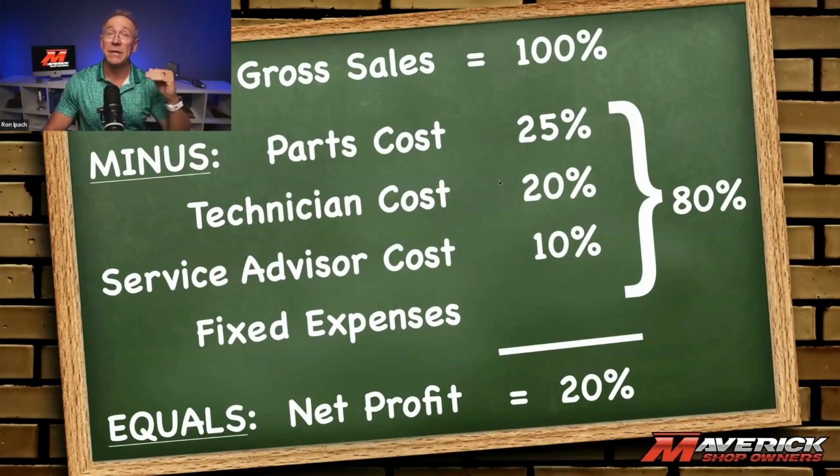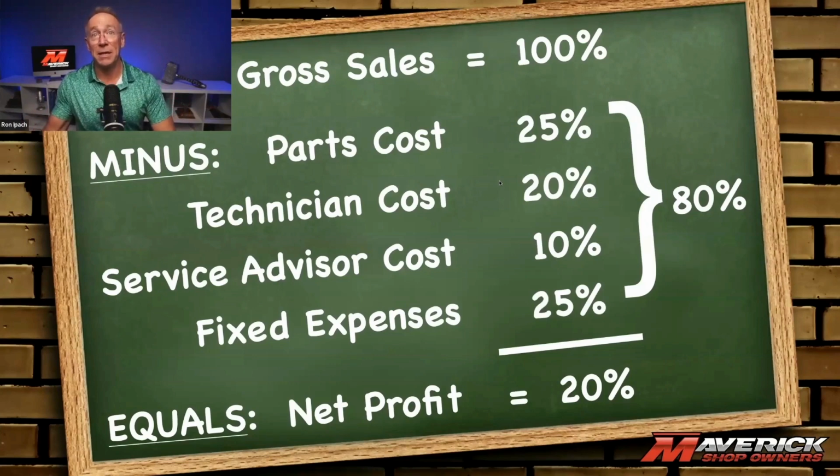Everything else is considered a fixed expense, and that should be no more than 25%. So if you're paying attention and playing along, if you add up 25, 20, 10, 25, that equals 80. That's where we wind up with our 80%. 100% gross sales minus 80% winds up with a net profit of 20%.